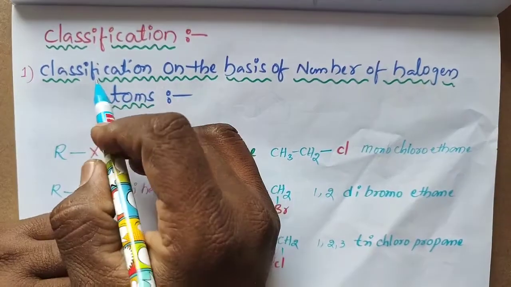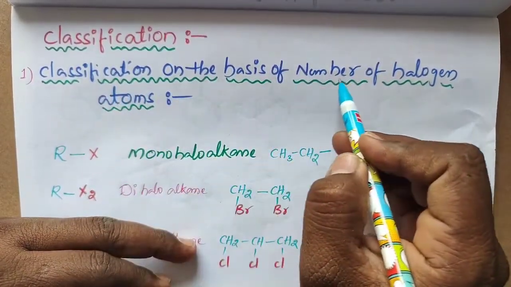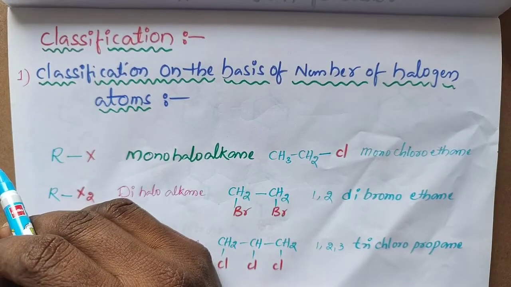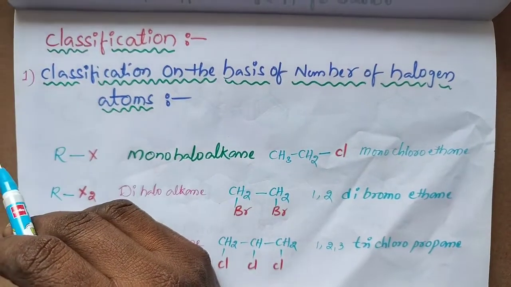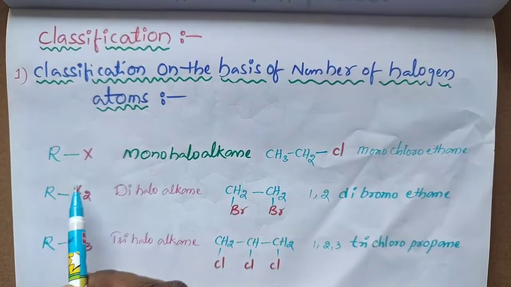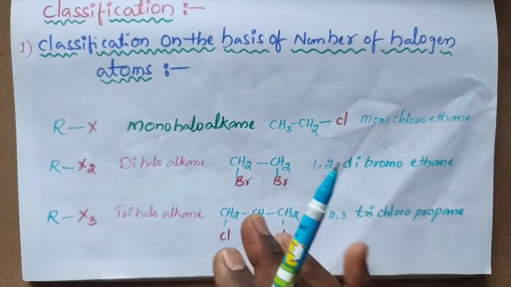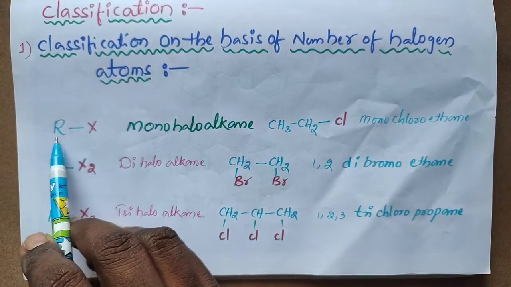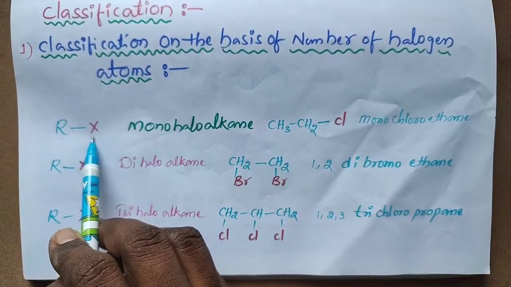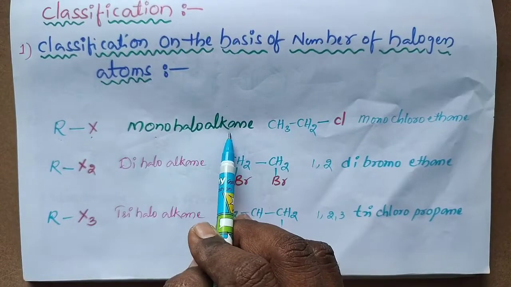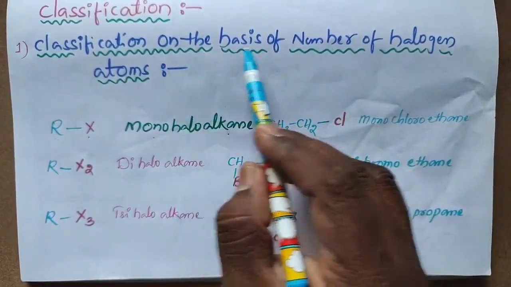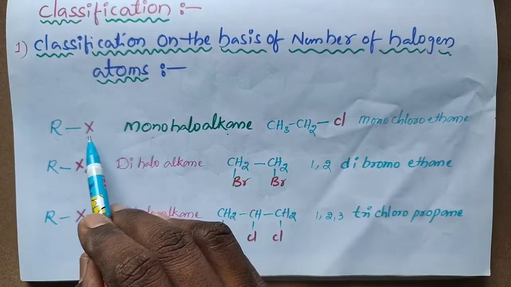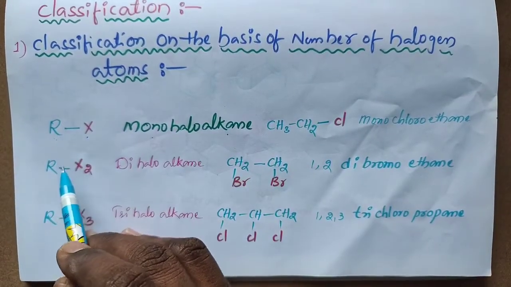Classification on the basis of nature of halogen atoms. Haloalkanes and haloarenes are classified on the basis of the number of halogen atoms. How many halogens are bonded to the carbon?